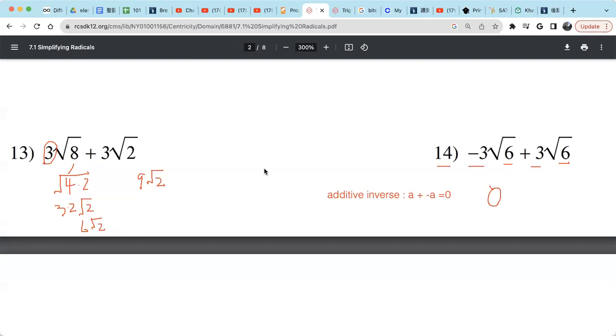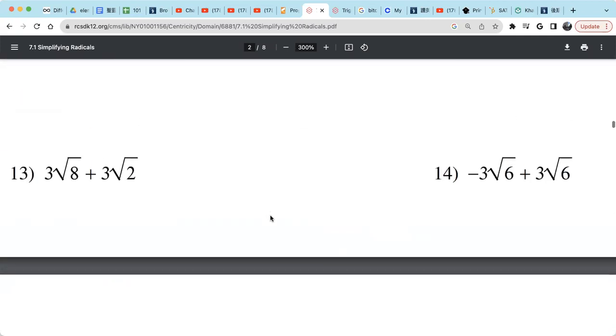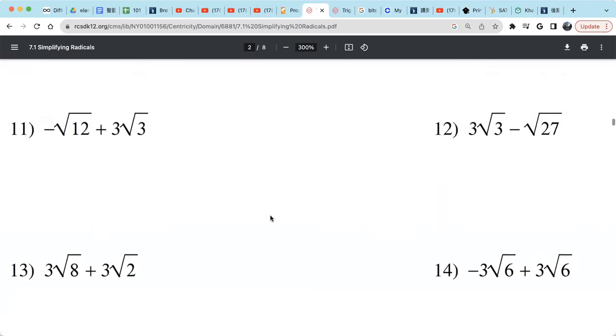So we call 0 the additive identity. And A and negative A, they are additive inverses of each other. Okay, that's addition. That's combining, meaning add or subtract two like radicals, right?